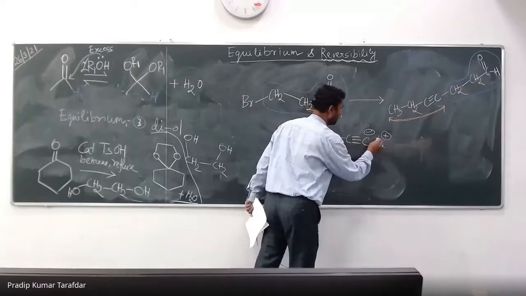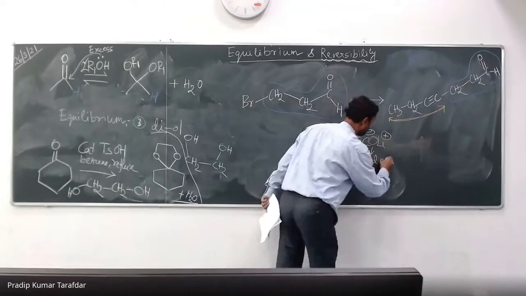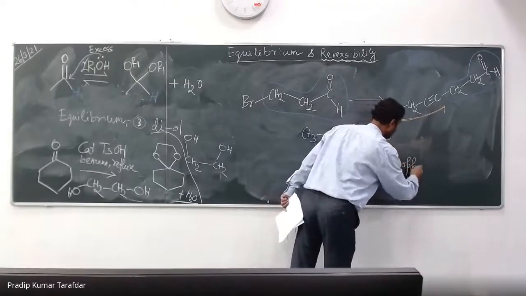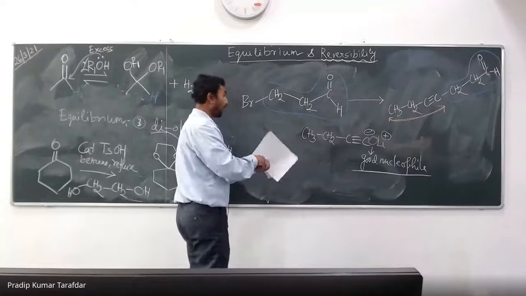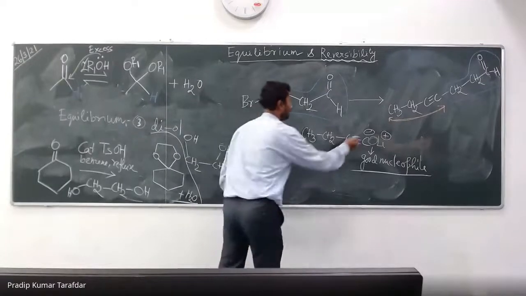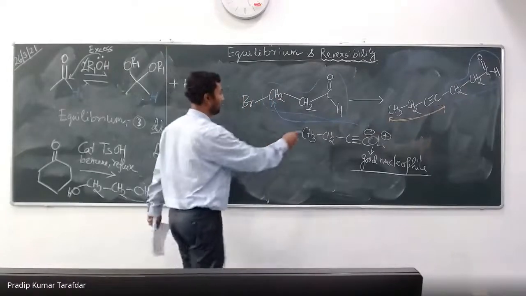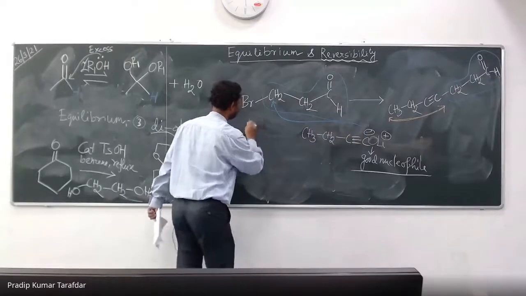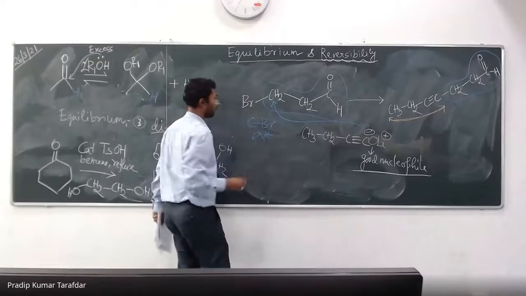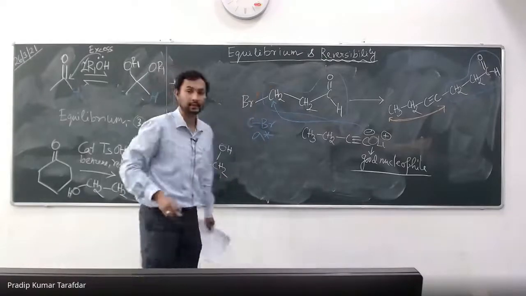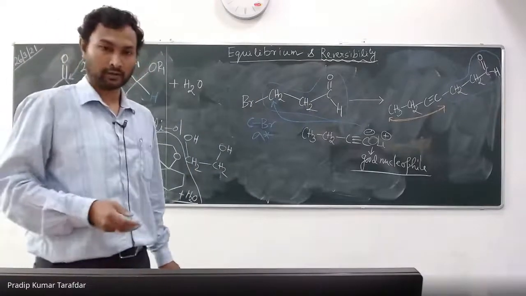This HOMO can act as a good nucleophile, and it can attack the C-Br sigma star orbital. Then I should get my desired product. The question is, is this the only product or not?